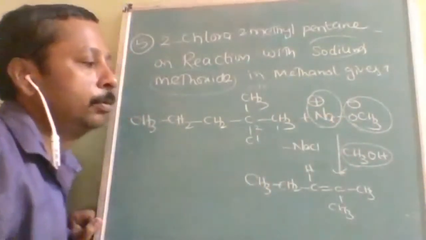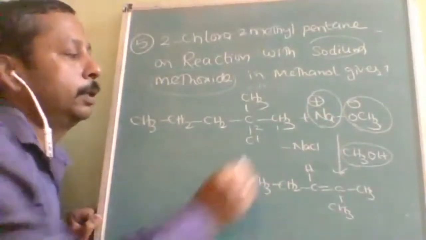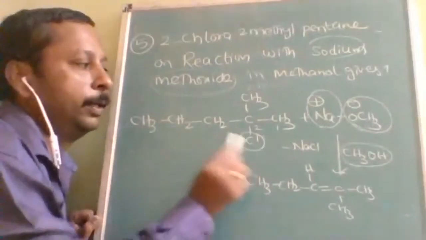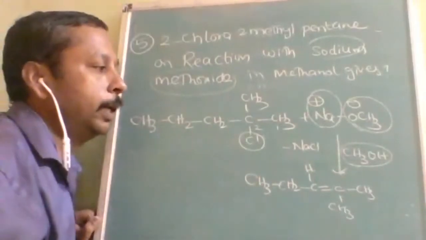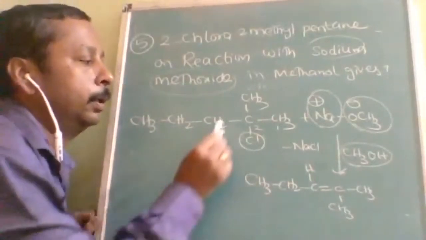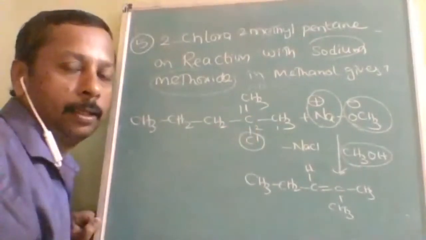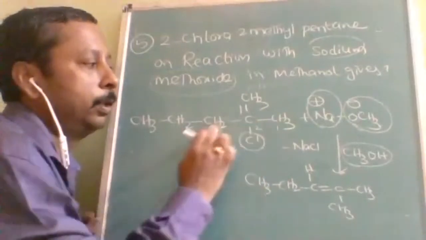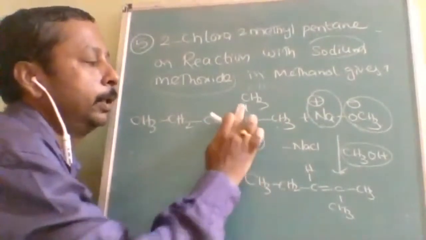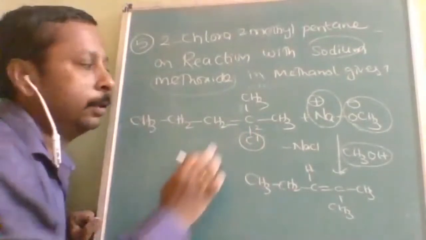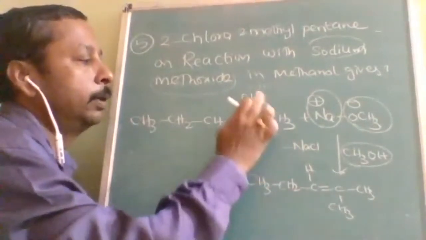Now, it is for you to decide. This chlorine will go from here itself, but from where will the hydrogen go? If it goes from here, this will be the double bond, and then the number of side chains will be only two. If it moves from here, then the double bond will be here. See how many side chains there are: one, two, three.